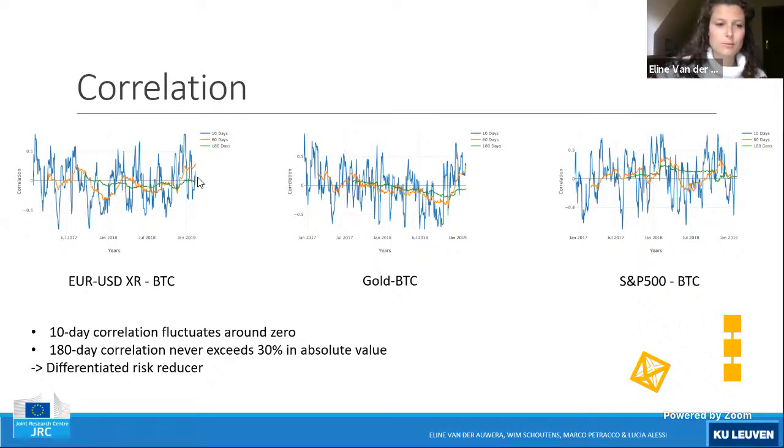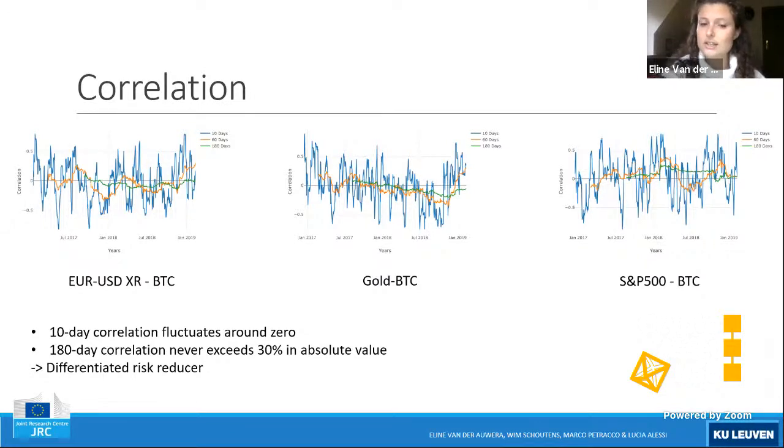And if we then move on to a broader window to calculate the correlation between the other asset classes and Bitcoin, for example the 110-day window, which is depicted in green here, then we see that it is always very, very close to 0, and it never exceeds 20% in absolute value.